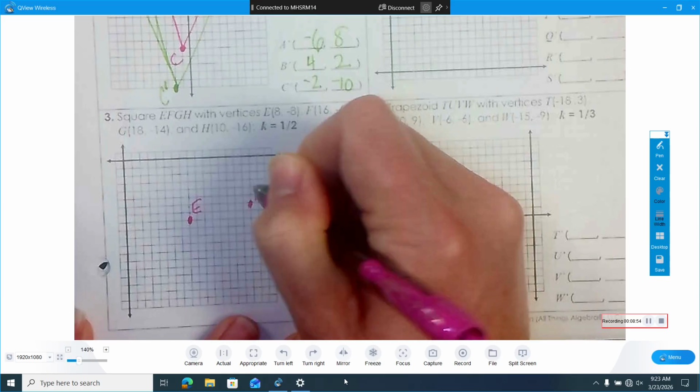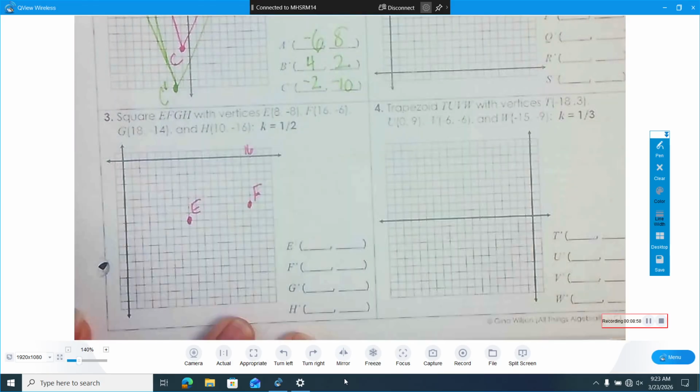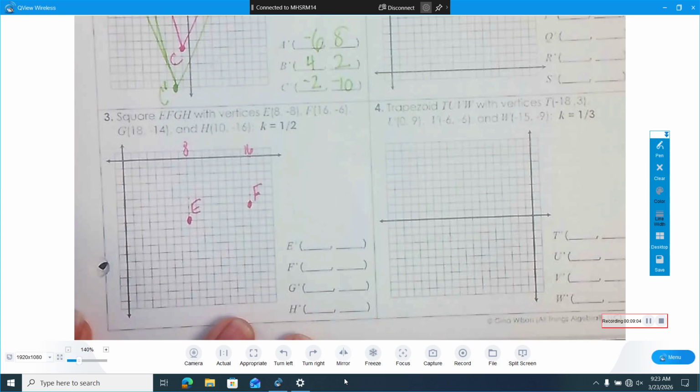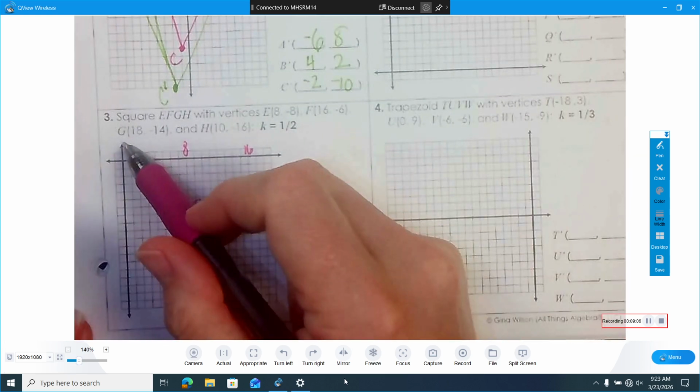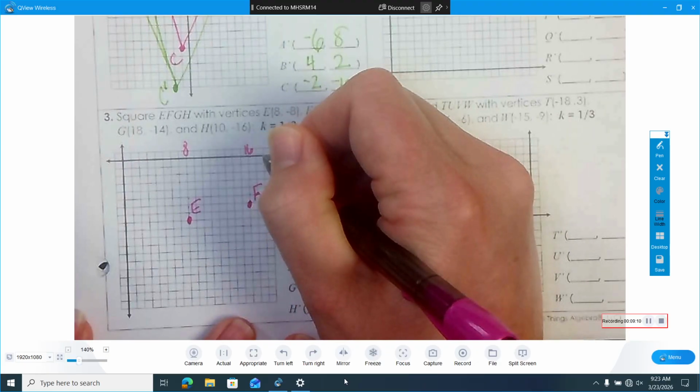Okay. F is at 16, negative 6. And G is at 18. All right, well, 16, 17, 18, negative 14.